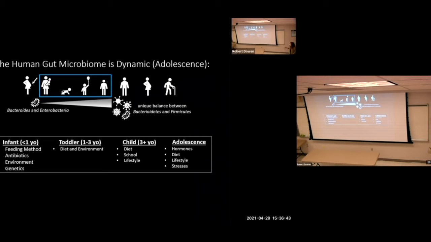This can all be influenced by different factors. When you're an infant, your microbiome composition could be influenced by things like your feeding method, whether or not you end up having to take a lot of antibiotics, your environment, and your genetics. Then as you increase in age, other factors begin to matter, like your hormones and your stress level.